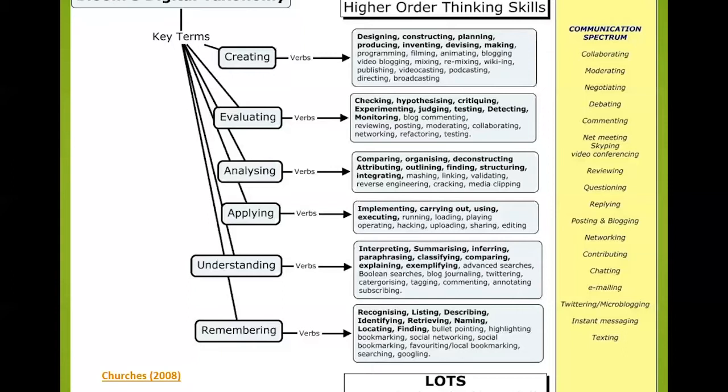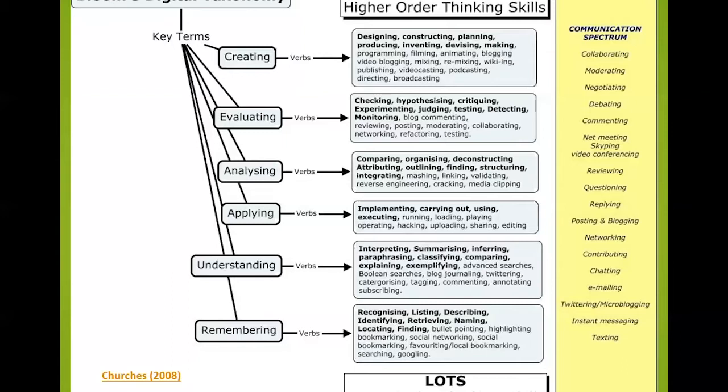So you have collaborating, if they are doing blogging, that's a form of collaborating. A lot of commenting and networking. Emailing, that's a lower level, but it is still using technology. You are posting and blogging. All of those allow students to develop 21st century skills for the 21st century workplace that is driven by technology.